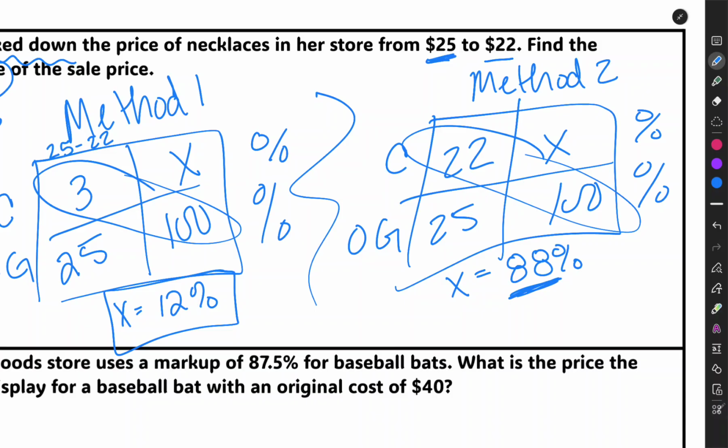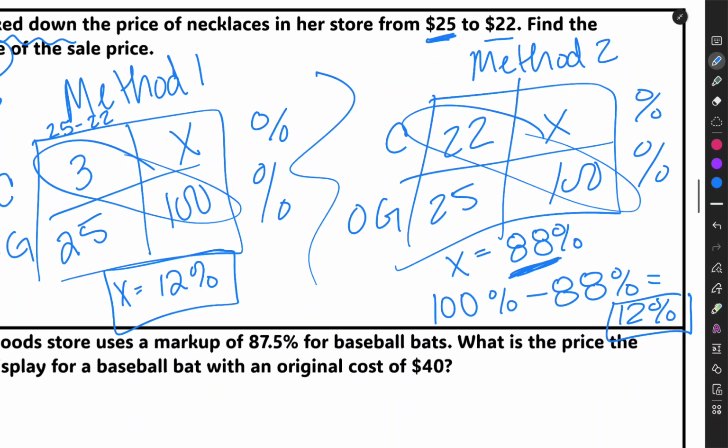So how much of it did we shave off? So if we started at 100%, we actually paid 88%, that gives us 12% that we actually shaved off the price.